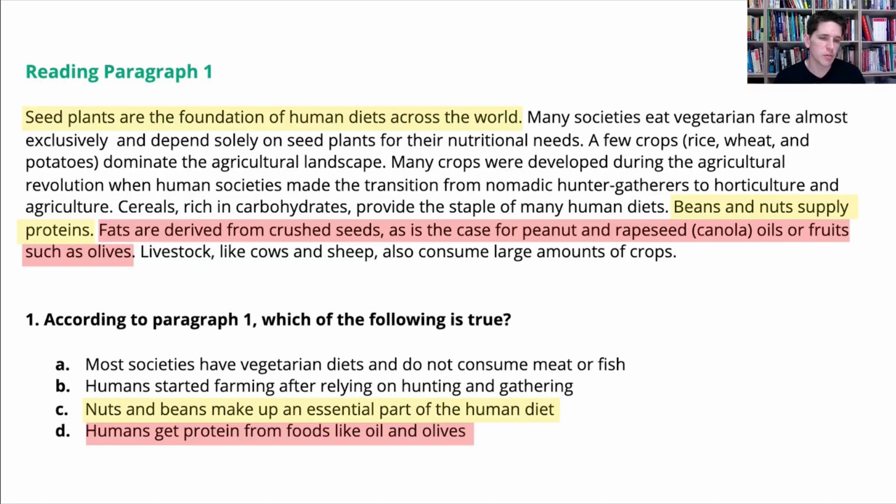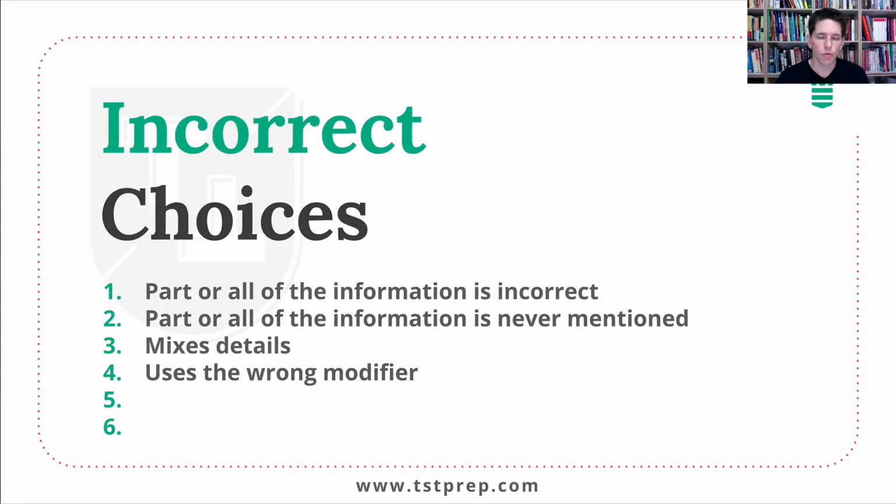Or D, humans get protein from foods like oil and olives. Fats are derived from crushed seeds, as in the case of peanuts and canola oils or fruits such as olives. So it's mixing that idea of protein. Protein is from the nuts and beans, not from oils and olives. Mixes details.